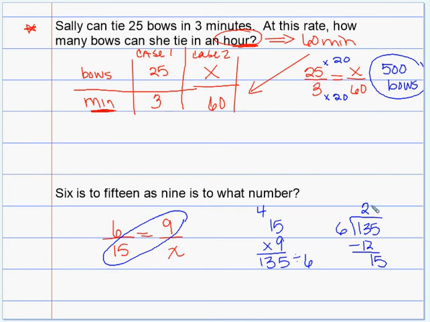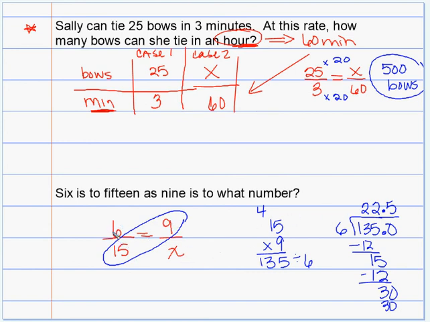I hope I didn't do something wrong. We'll find out. 6 goes into 15 2 times. That would be 12, and I would subtract and get 3, and I'm going to add a decimal here. The answer is 22 and a half. Now that's saying 6 is to 15 as 9 is to 22 and a half.